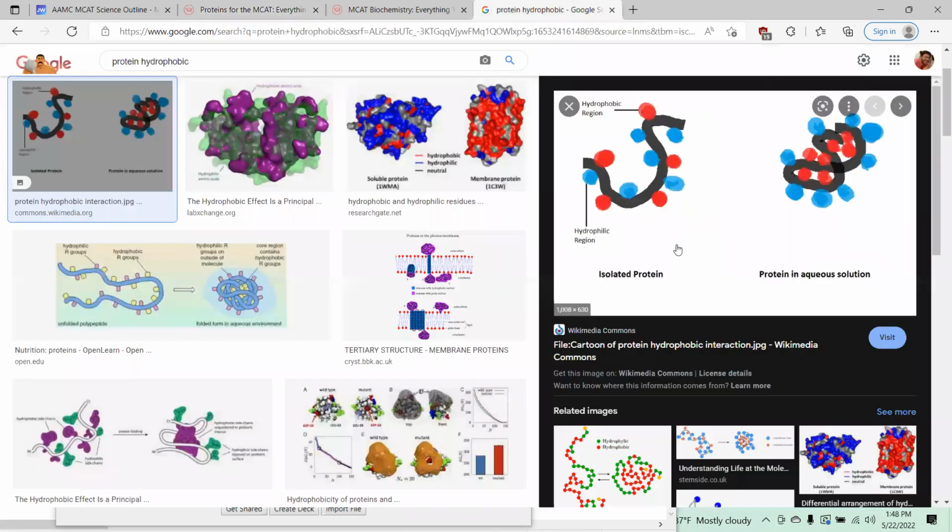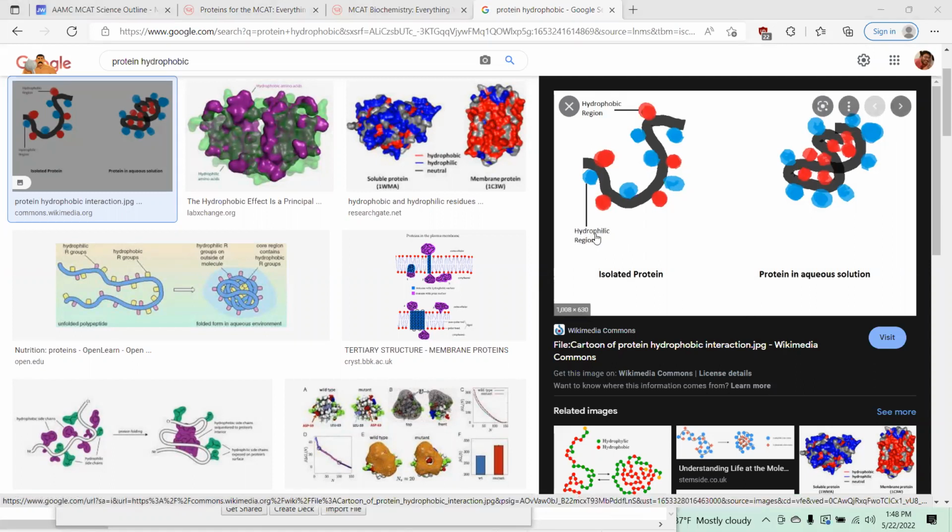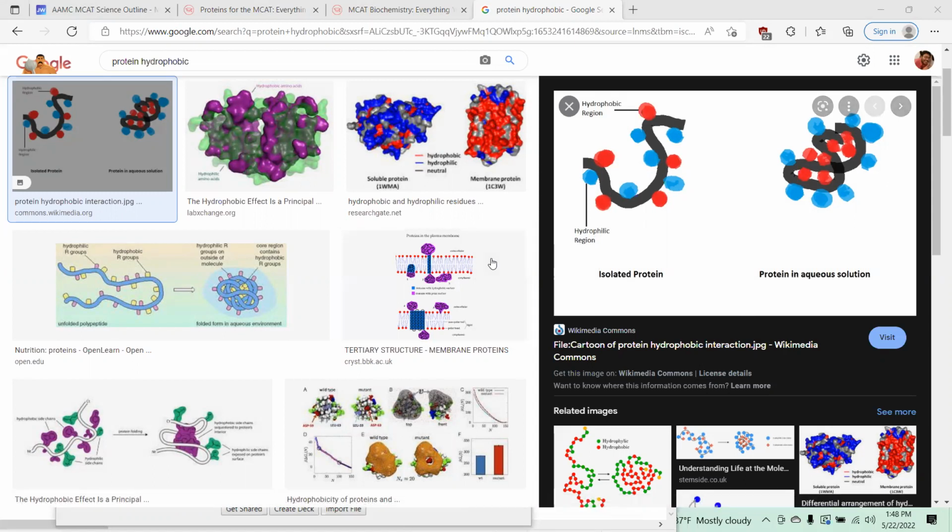So the question is, if you have a hydrophilic amino acid, do you think it wants to be out in the aqueous solution? Is it happy if it's in the aqueous solution or not? Hydro is water, and philic means loving.